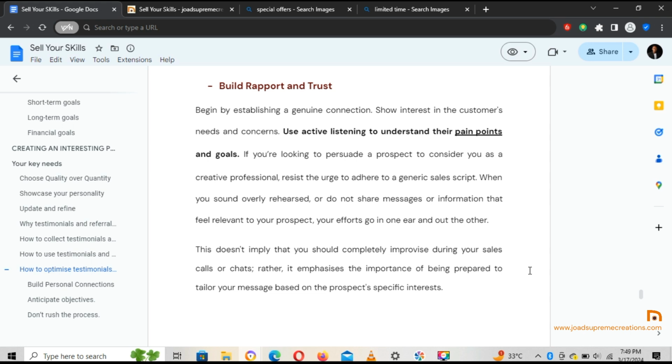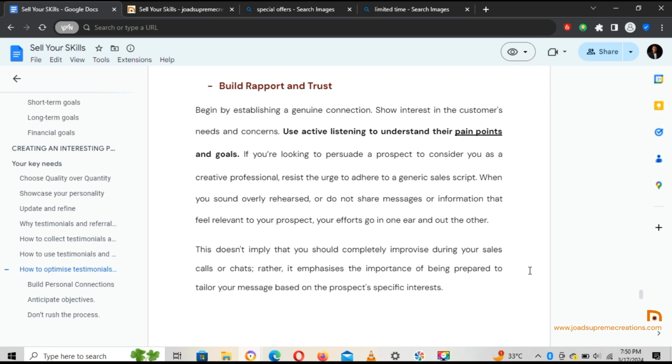It won't sound good when you use a script that is not in relation with whatever it is that they are saying, just because you know that this particular line will persuade them, whereas it's not in correspondence with what they want or the angle they're coming from. That doesn't totally rule out the fact that you can improvise, but you should know what fits each situation.